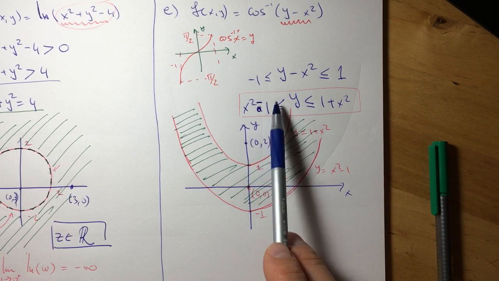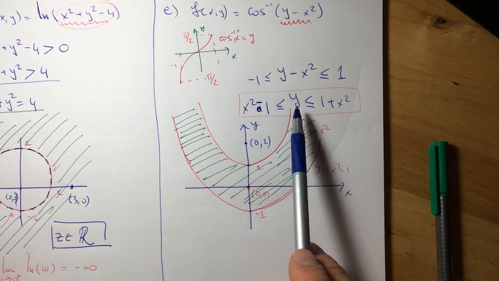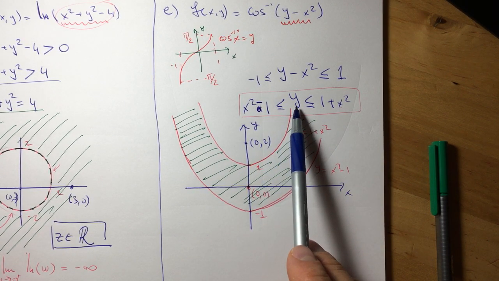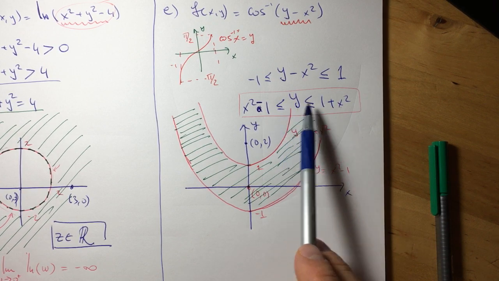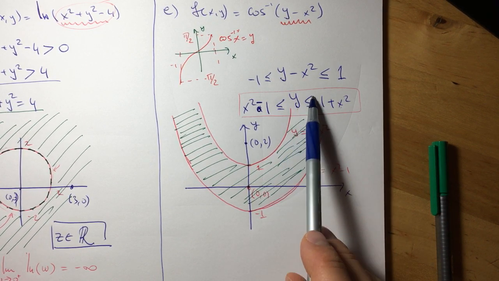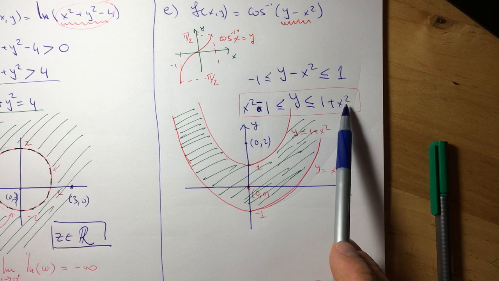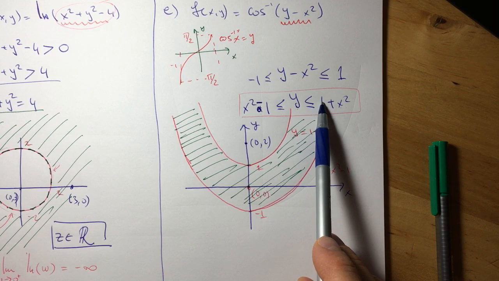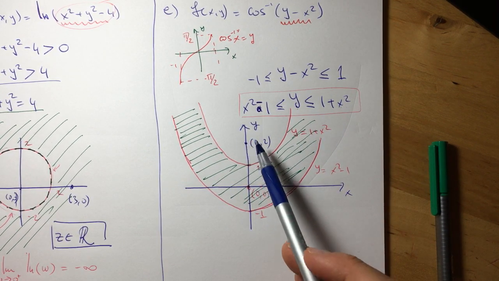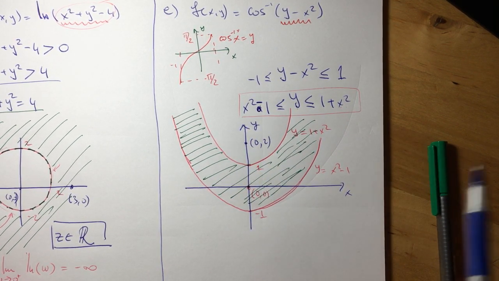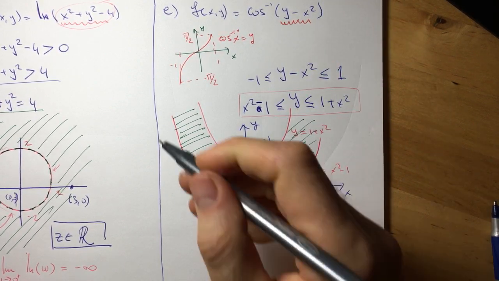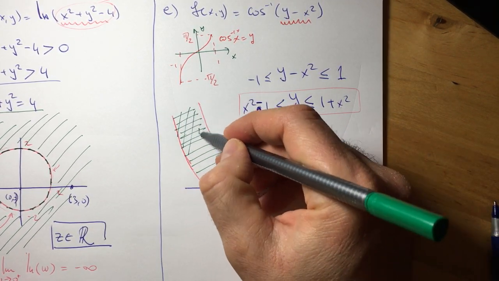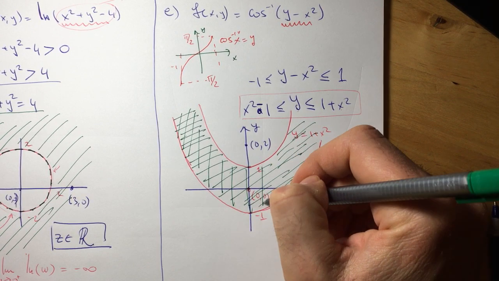So yes, this point satisfies this inequality, but it doesn't satisfy the other inequality, because 2 is less than or equal to 1 plus 0, and that is not correct. 2 is not less than 1, right? So you can always check whether the third area here is satisfied, and you will see that it's not. So the domain is defined as this.